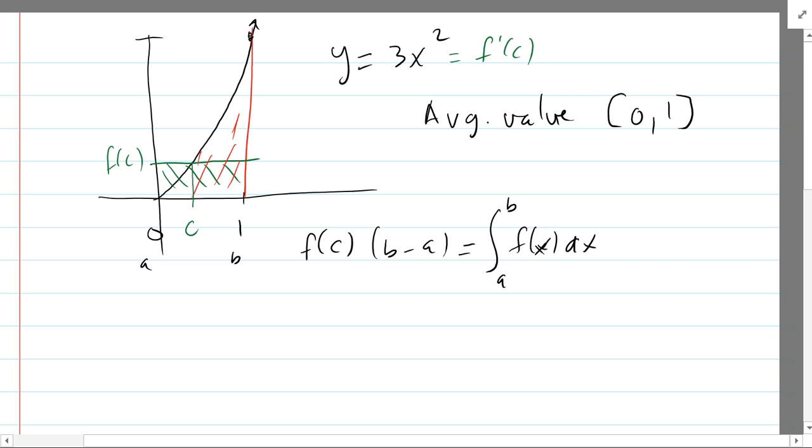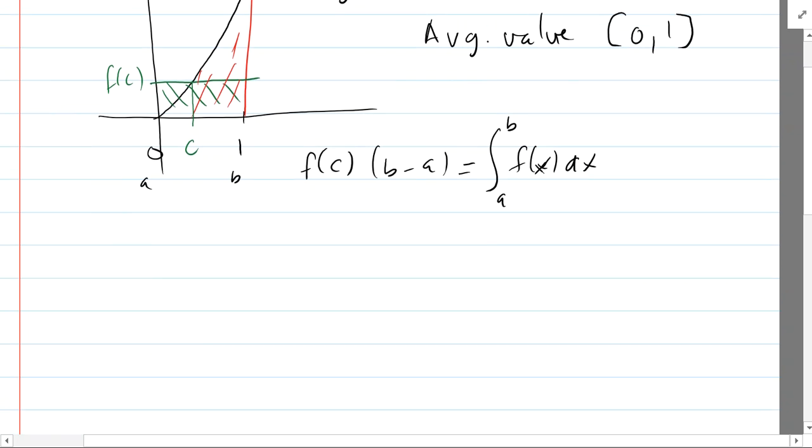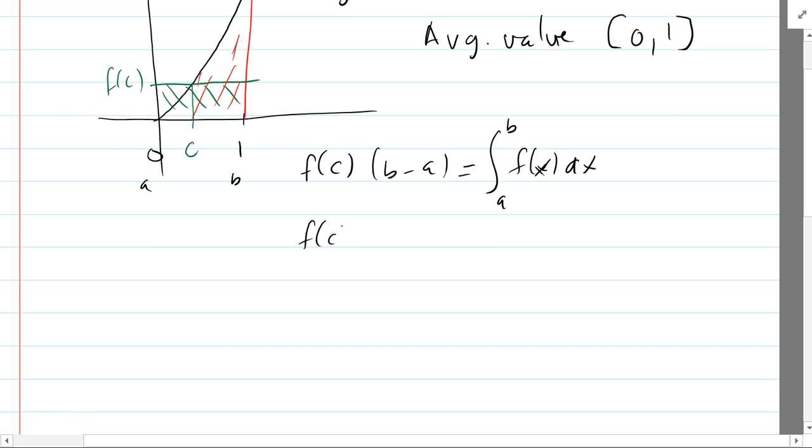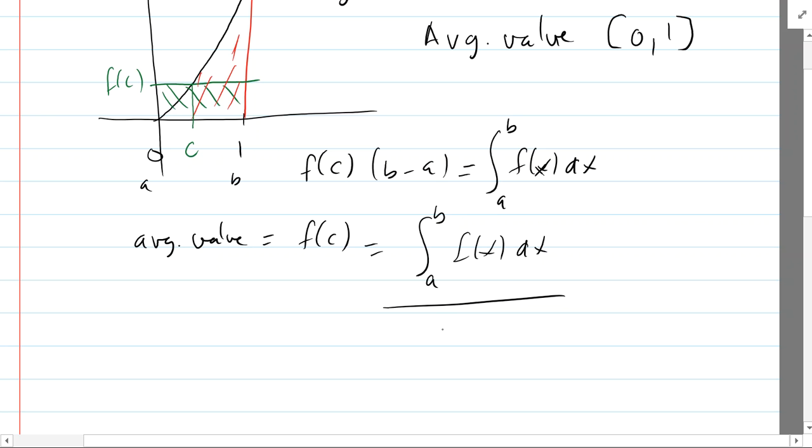If I want to find the average value, that's what the f of c is, do I have to divide by b minus a? So the average value is equal to the integral from a to b of f of x dx all over b minus a. And let's think about what this means.